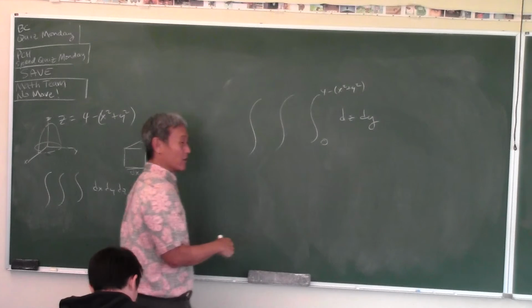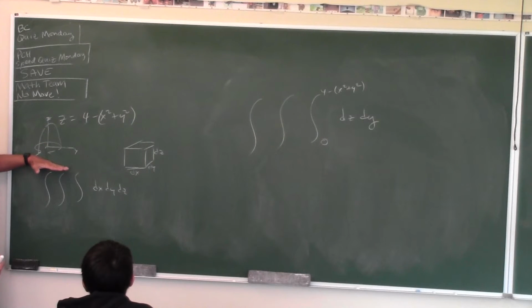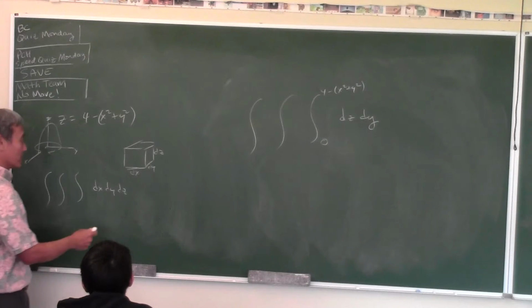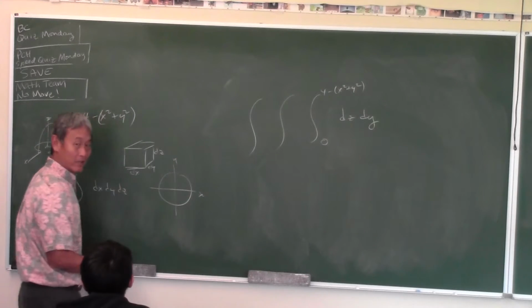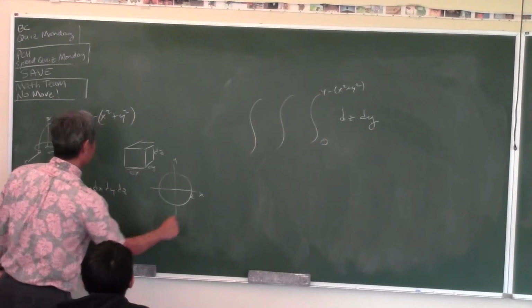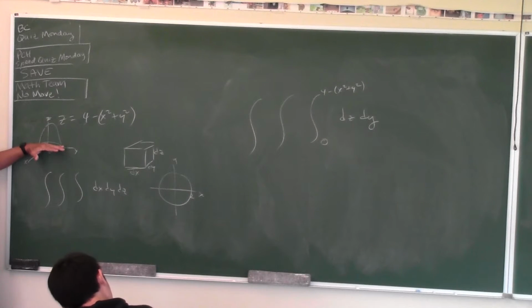Now we go for the limits for y. So how do you figure out the limits for x and y? You gotta take this and smash it down onto the xy plane. If you have this paraboloid and you smash it down onto the xy plane, what would you see? A circle of radius 2. That's omega.